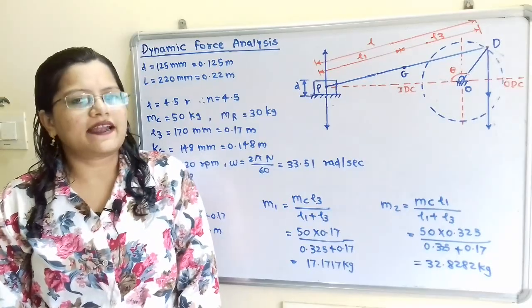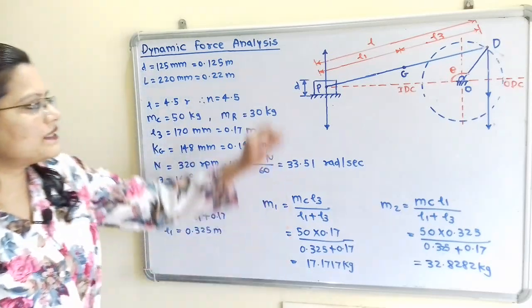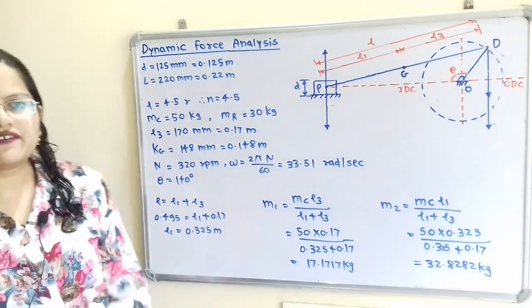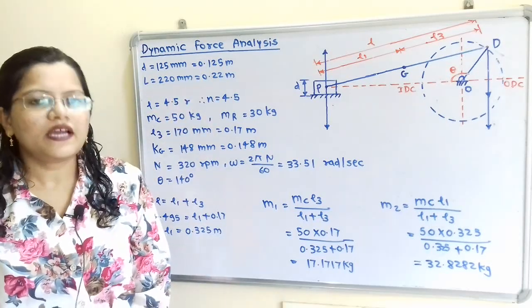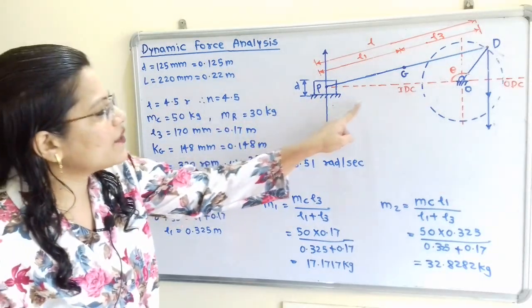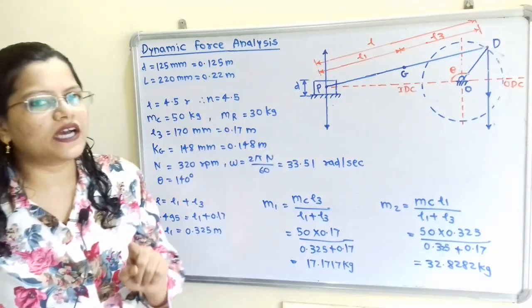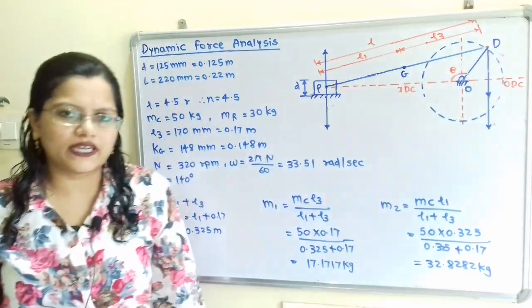Let us understand given data with the help of diagram. Diameter of piston D is given 125 mm, which is equal to 0.125 meter. Now the stroke length L 220 mm. So during the one stroke of this piston, there is the rotation of this crank from inner dead center to the outer dead center.